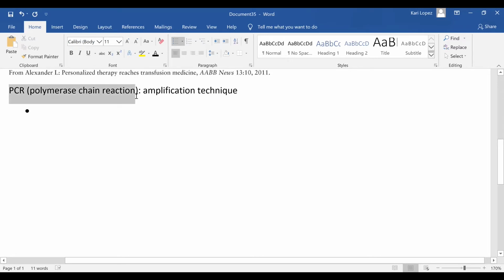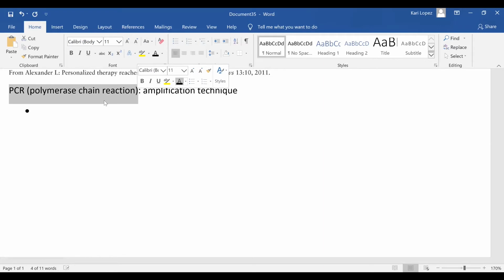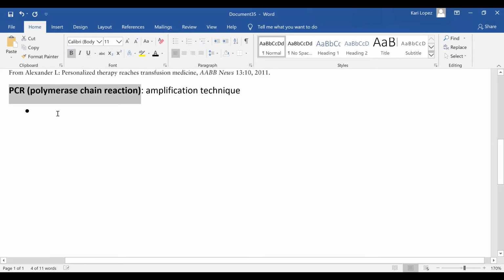And this is some kind of testing? Yes, it's a lab test, but it is molecular diagnostic testing. What it does is it rapidly multiplies specific DNA sequences.